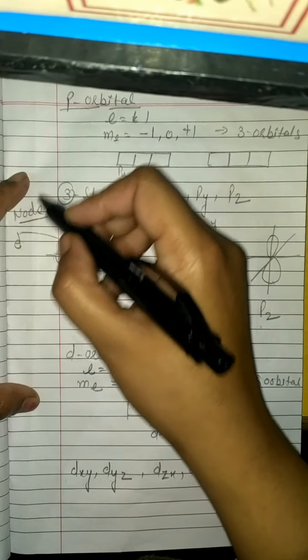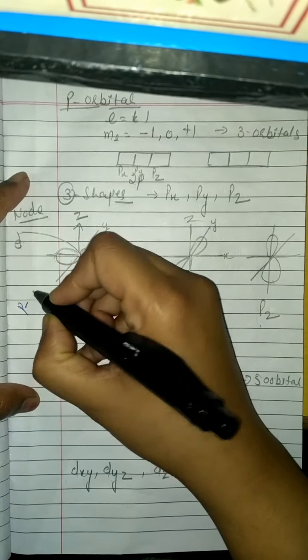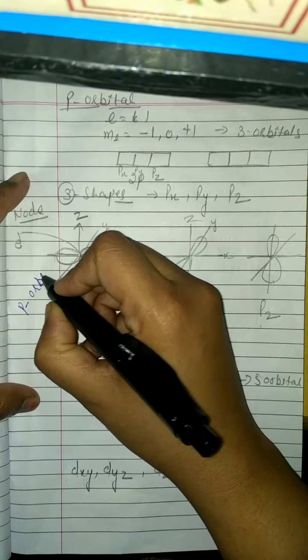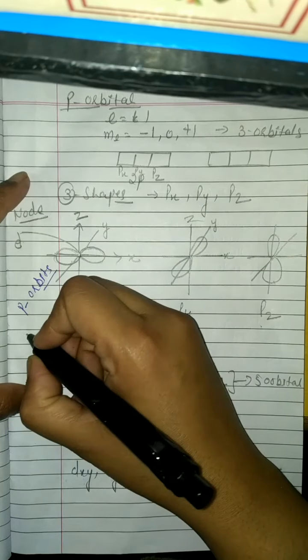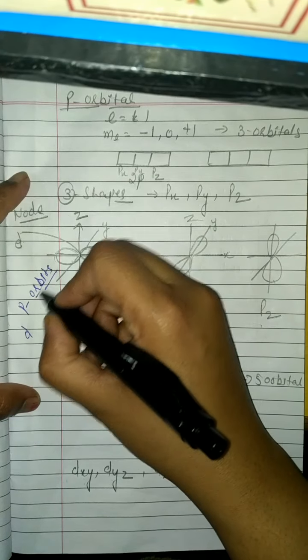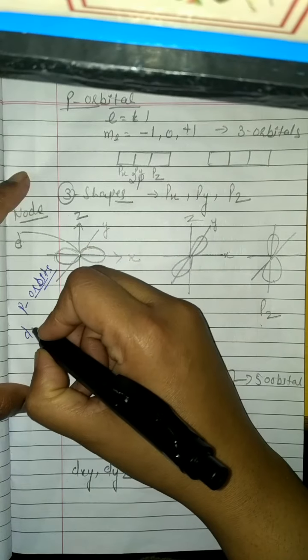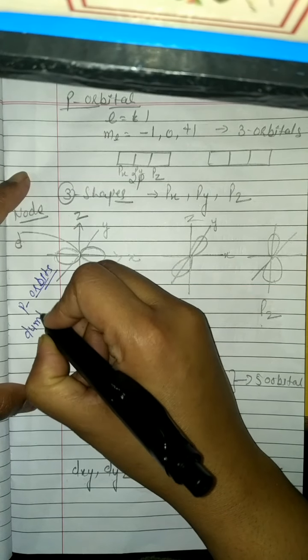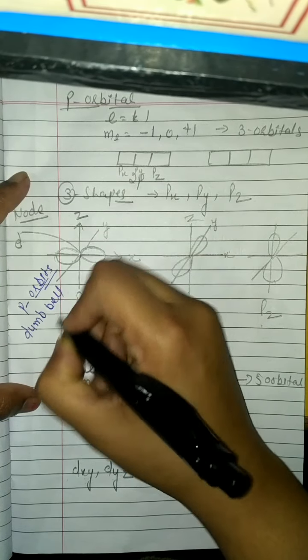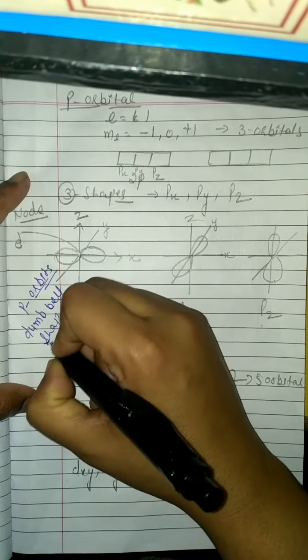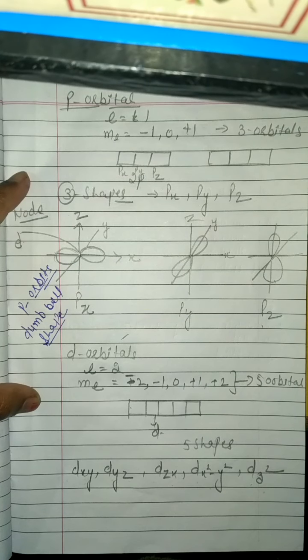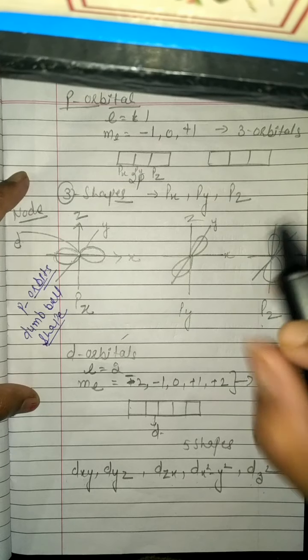In this, one thing more. In the case of p orbitals, p orbitals are in the p block elements, and the p shape is also called dumbbell shape. Clear? We have discussed shapes of orbitals.